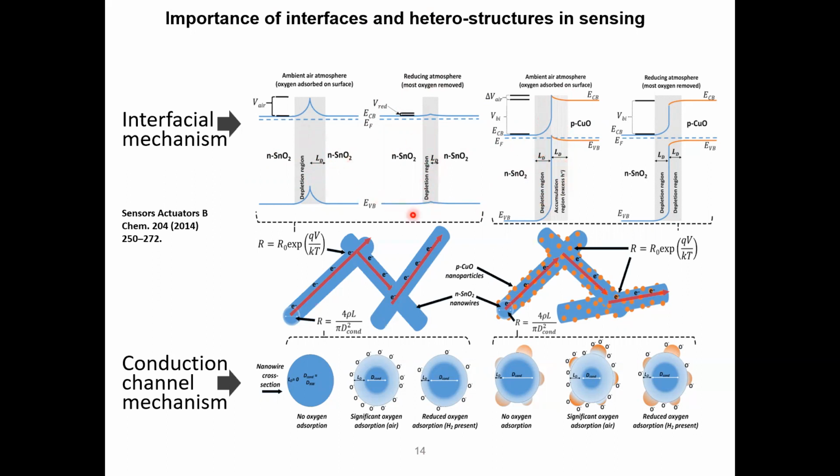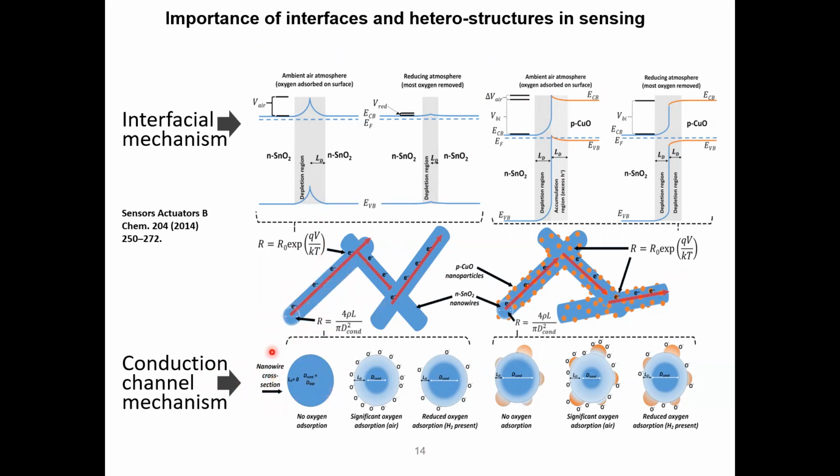So you can see that there's a lot of basic understanding that needs to be explored with the interfacial mechanism, but also, since we are these days making one-dimensional structures, we have to think about this conduction channel type mechanism that happens in one-dimensional structure.